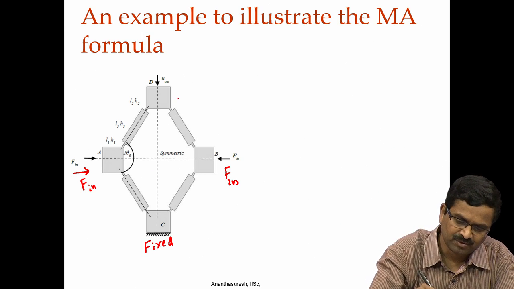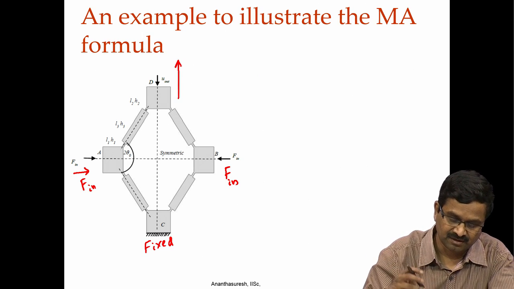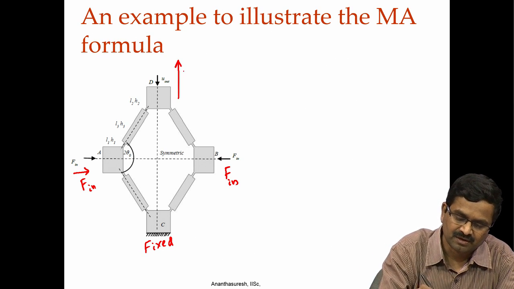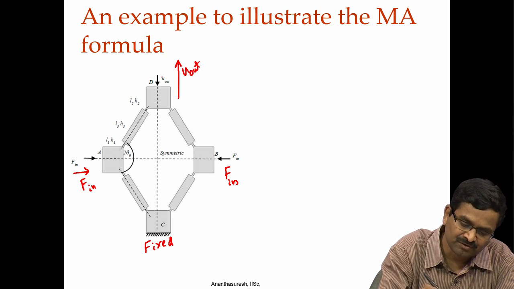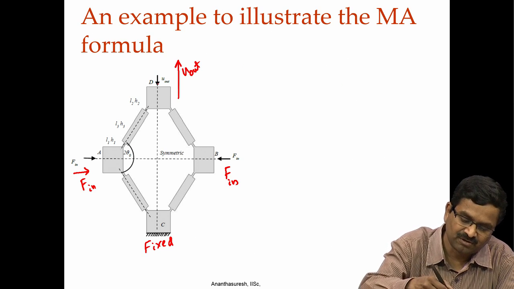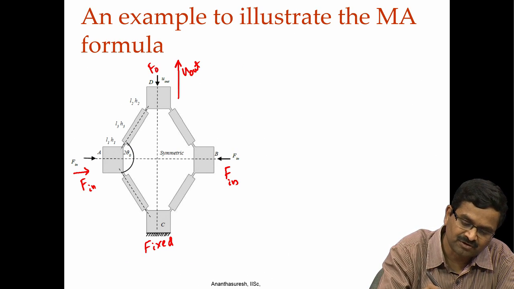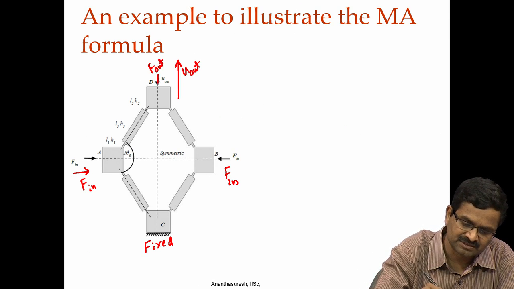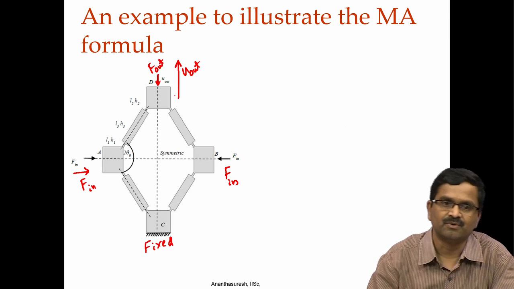So, when we press like this, it should go U out, and F out can be here. U out is shown with an arrow, that is to see that F out is in that direction, that is not U out. F out will be resisting the output displacement downwards, that is this way, and U out is going up.